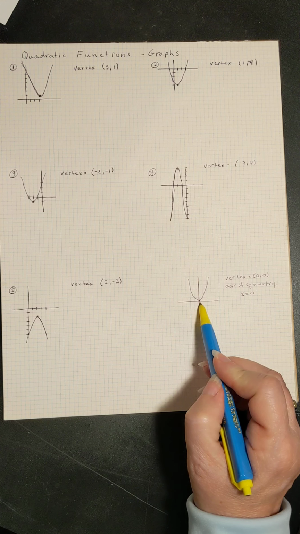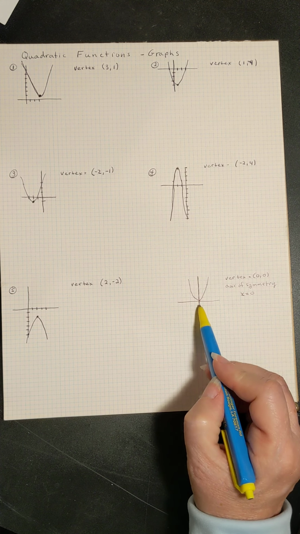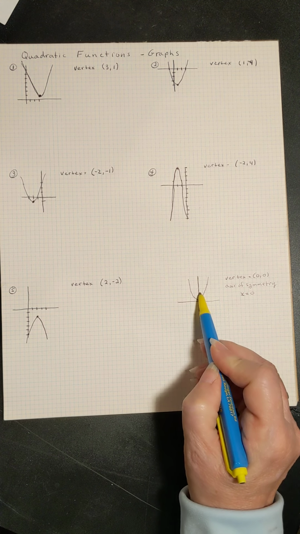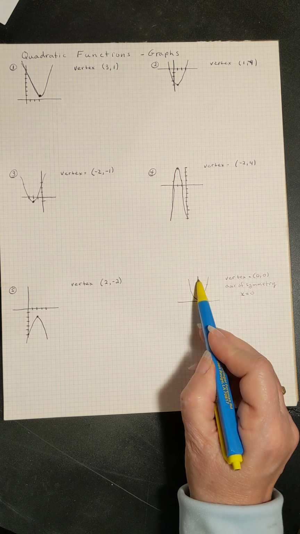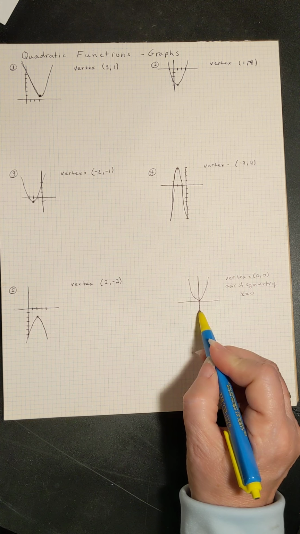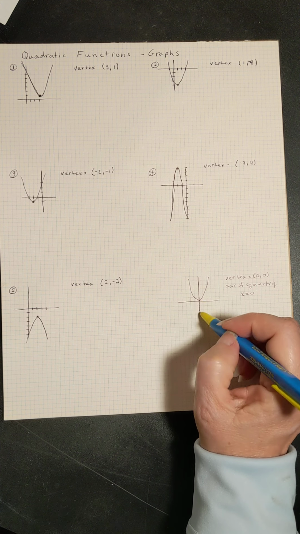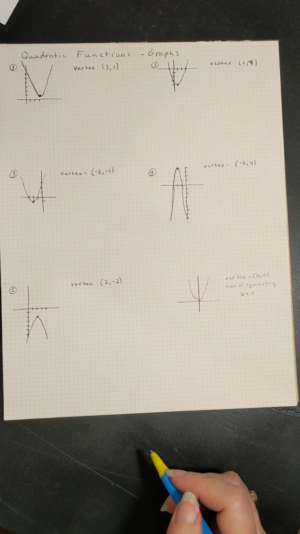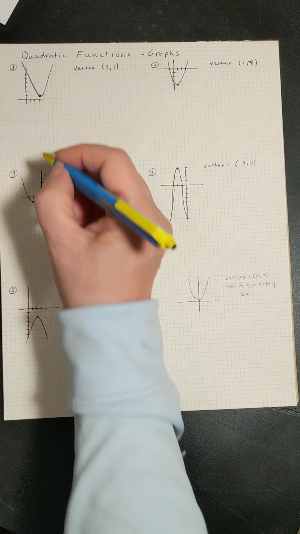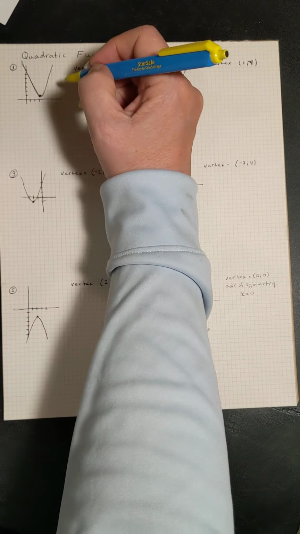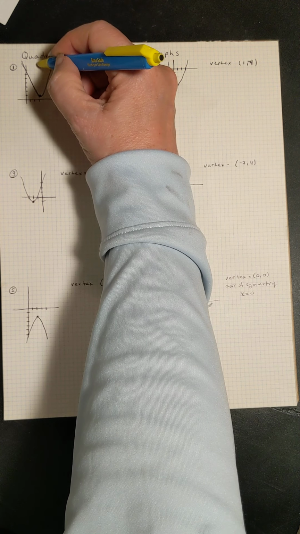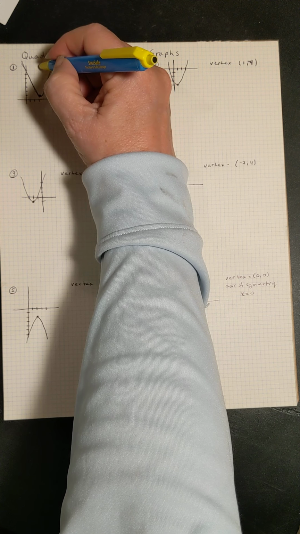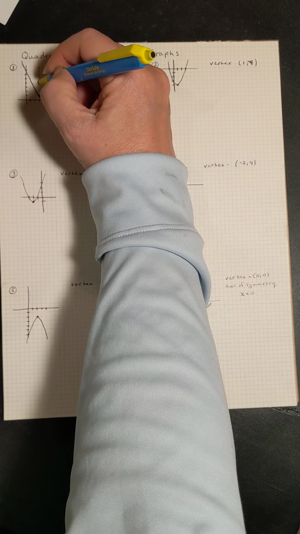Because remember, on all of my points on my graph, this would be the point 0, 0. This would be the point 0, 1, 0, 2, 0, 3, 0, 4, 0, 5, 0, negative 1, 0, negative 2. So on this line, all of my values for my x-coordinate are 0. Now, looking at this one, my axis of symmetry also goes through my vertex.